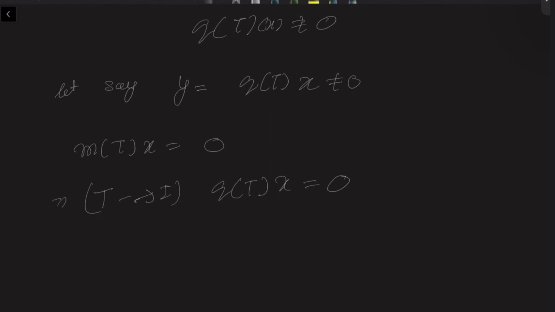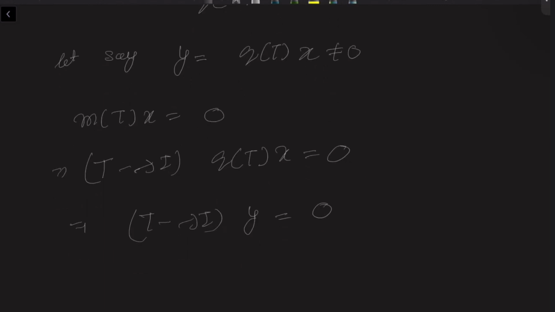And what does it imply? It implies that t minus lambda I times q of t of x, which I have taken as y, so I can write y. So I got t minus lambda I times y equals 0, and this implies that t of y is equal to lambda y, where y is non-zero.